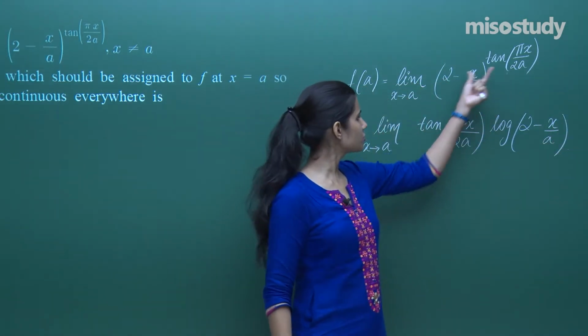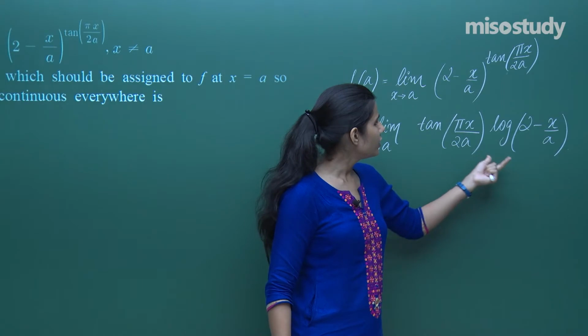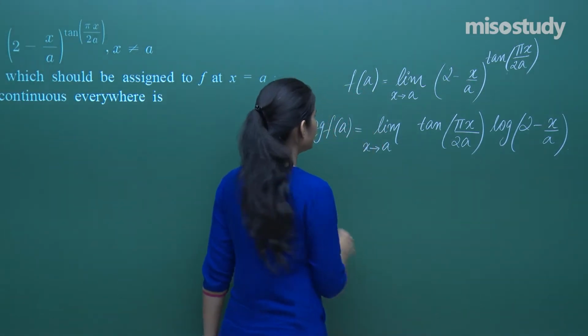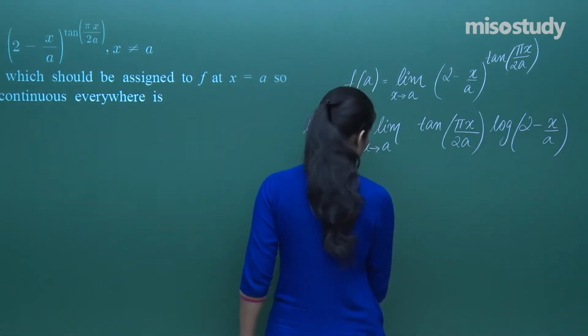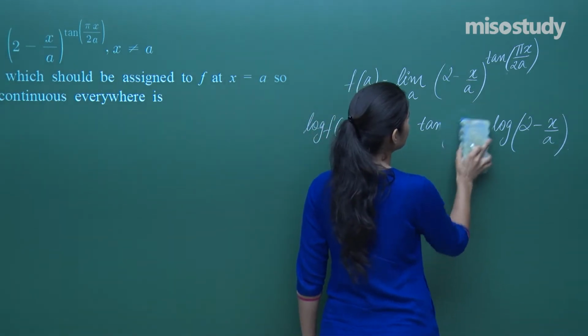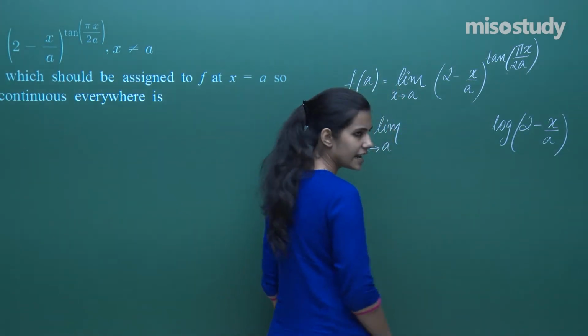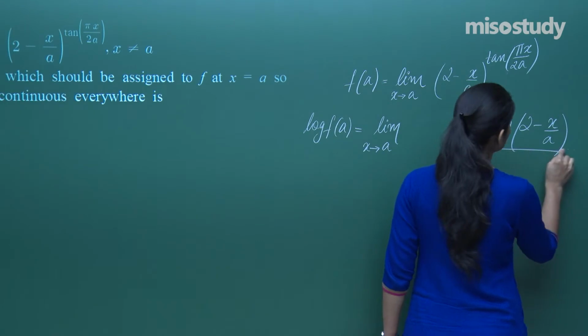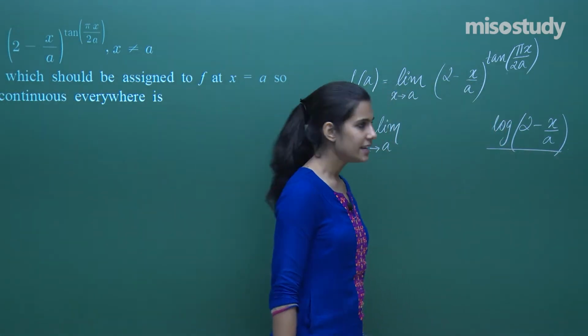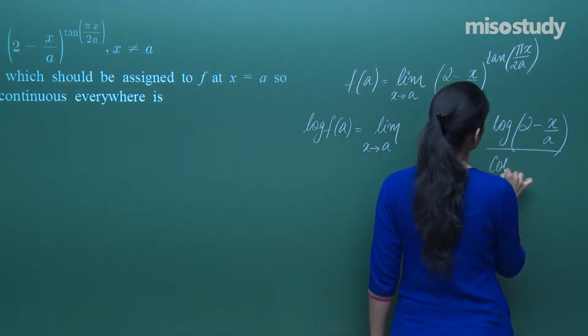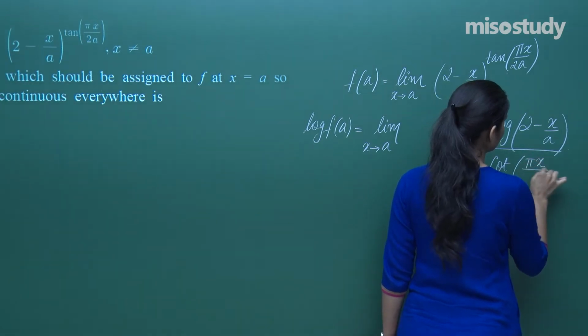Right, so the power is going to come ahead of log. This is the power log of this. Fine. Now you can see over here, if I just get rid of this tan and I instead write it as, tan is nothing but 1 upon cot. So I can write tan as 1 upon cot of pi x by 2a.